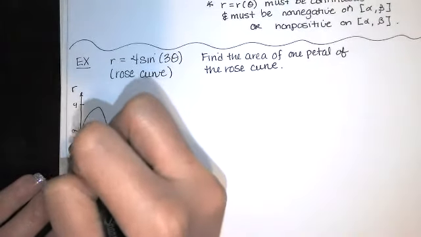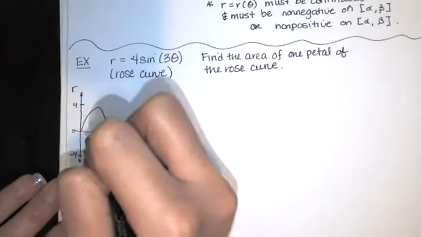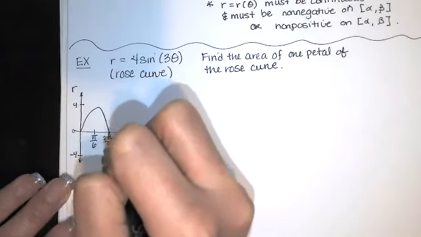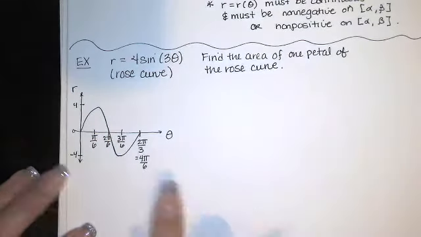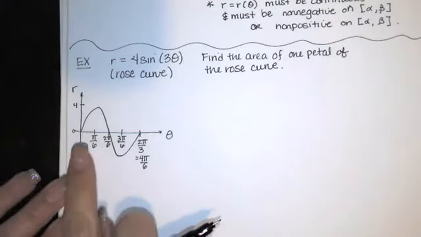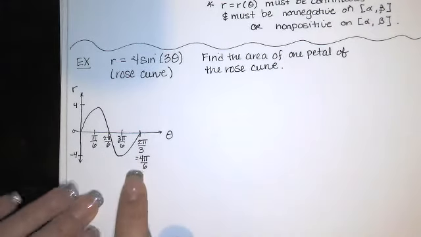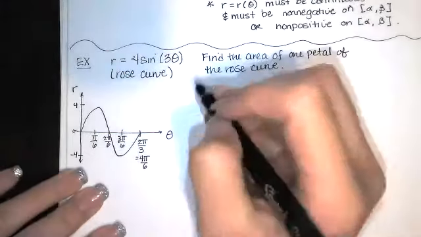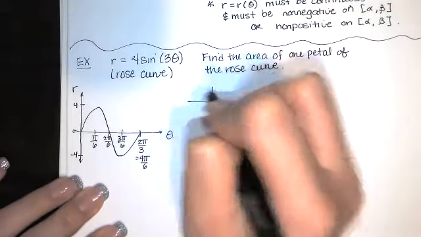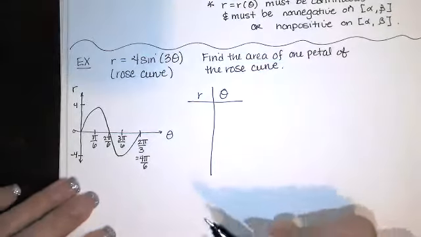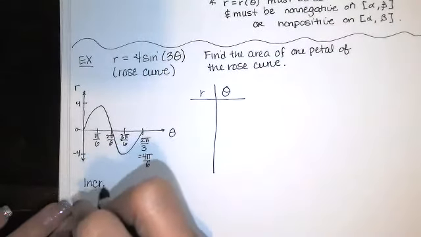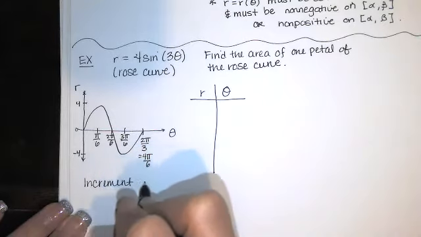So this is pi over 6, this is 2 pi over 6, this is 3 pi over 6, and that's 4 pi over 6. 3 out of 4 of those simplify, but I'd rather leave it this way. So we graph that. And then we use this graph to create our table of values. And I like my increment of theta to be 1/8 of the period.